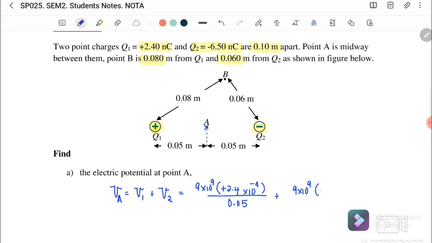The point charge for Q2 is negative. Remember, you must substitute the sign of the charge, positive or negative, into the equation for V. So it's negative 6.5 × 10^-9, and the distance is also 0.05 meter. Our electric potential at point A, VA, is equal to negative 738 volt.